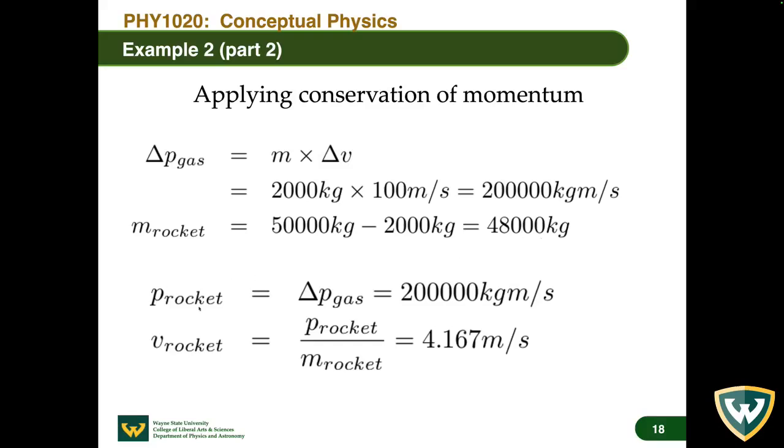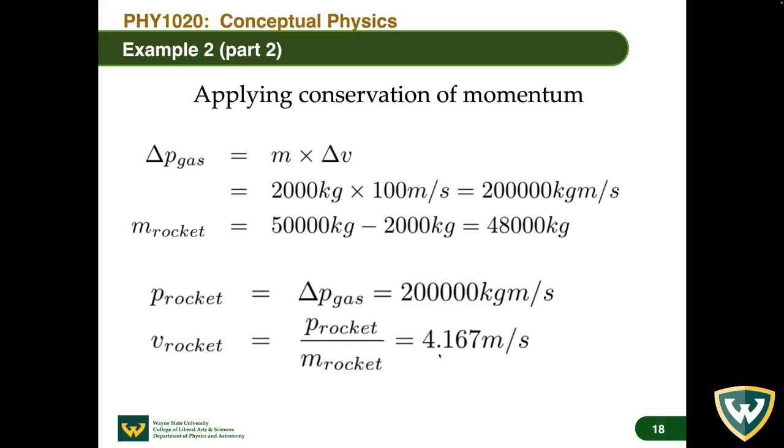So the rocket itself has gained a momentum of 200,000 kilogram meters per second. At the end, the rocket is 48,000 kilograms, so the velocity at the end of these 200 seconds will be 200,000 kilogram meters per second over 48,000 kilograms, and that amounts to 4.167 meters per second.